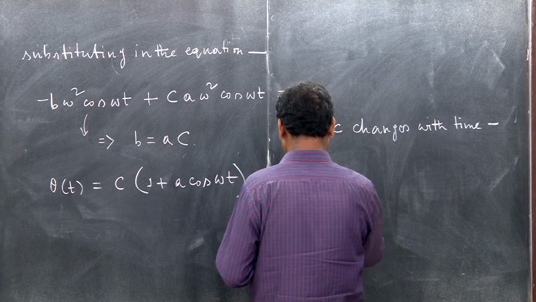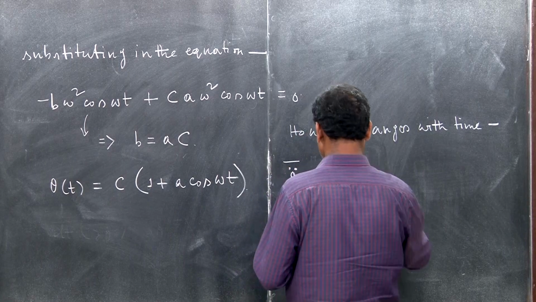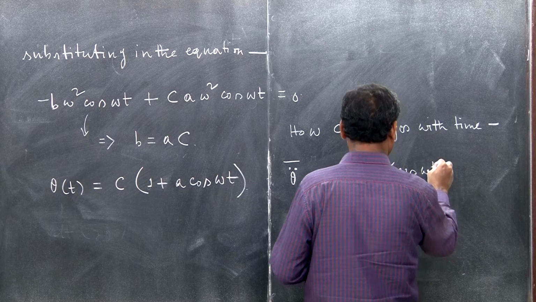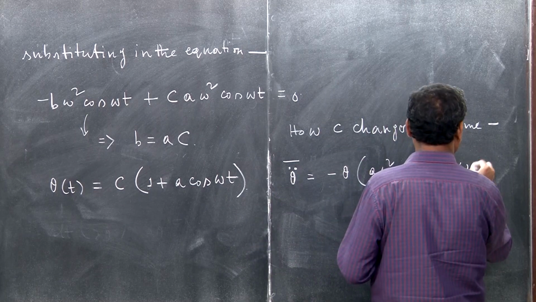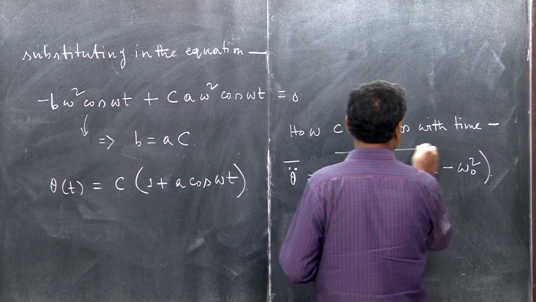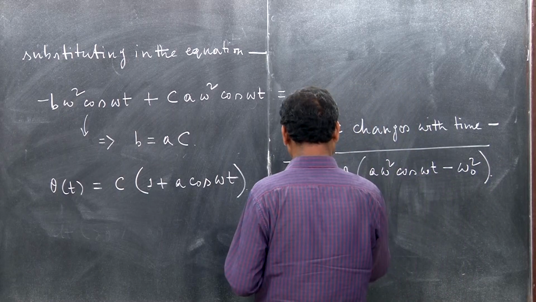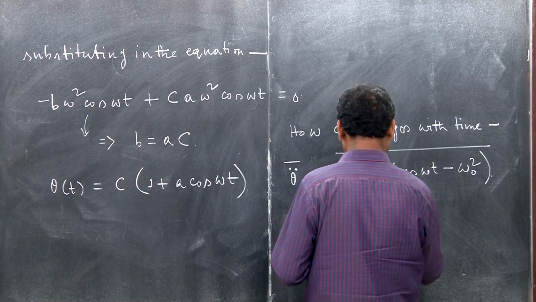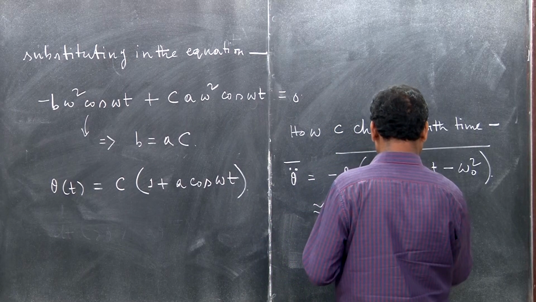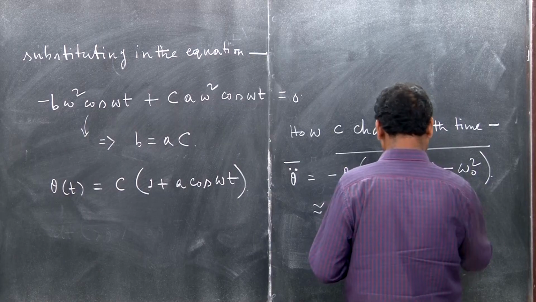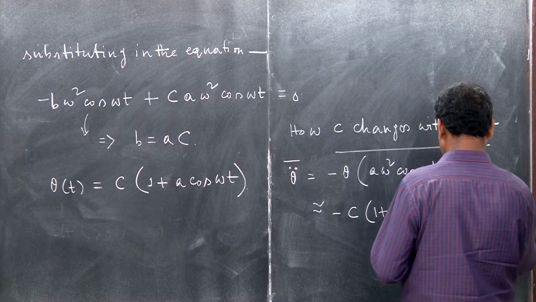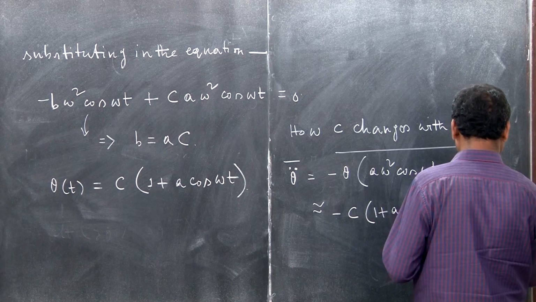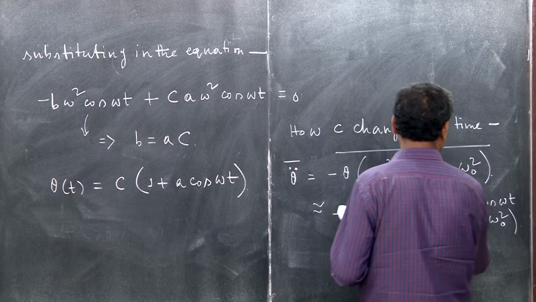Theta double dot is minus C a omega square cosine of omega t minus omega 0 square, which is minus C times a plus a cos omega t, a omega square cosine omega t minus omega 0 square, with a bar.